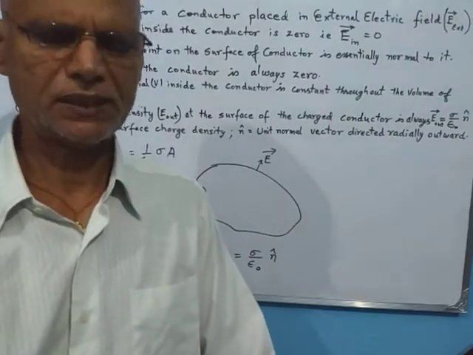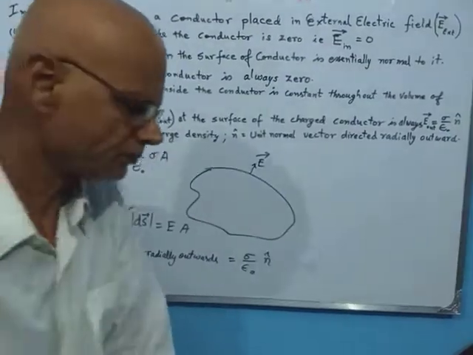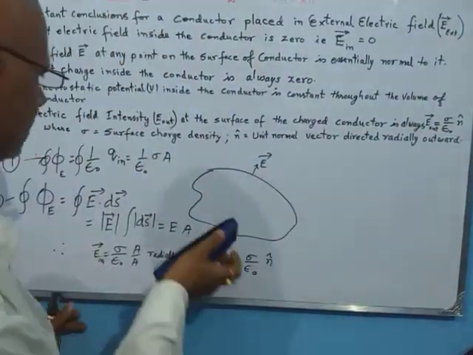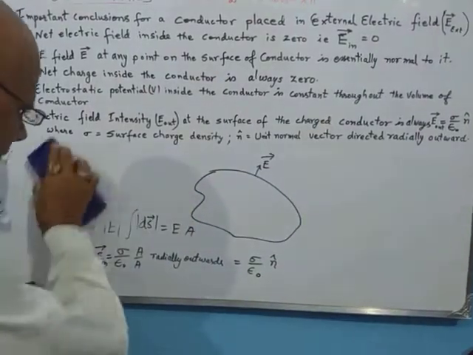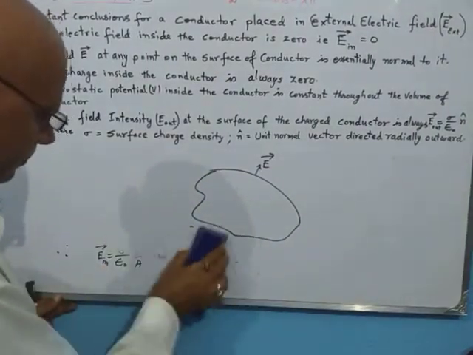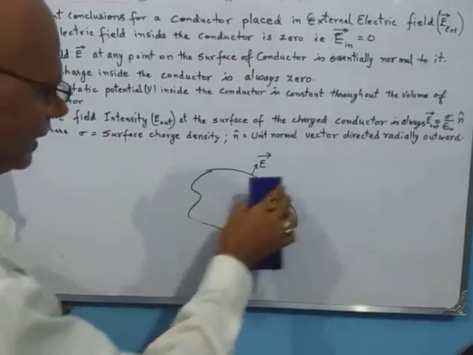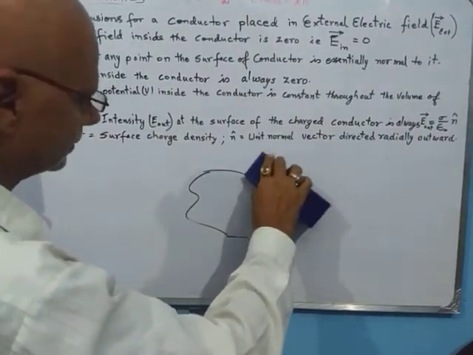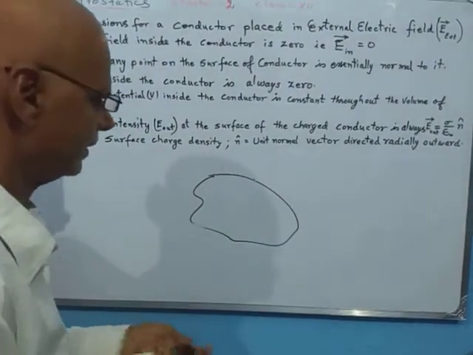Now once it is placed in an external electric field, what happens? When a conductor is placed in an external electric field, what happens? You see, under the influence of the electric field, the charges inside the conductor will be forced to separate from each other.